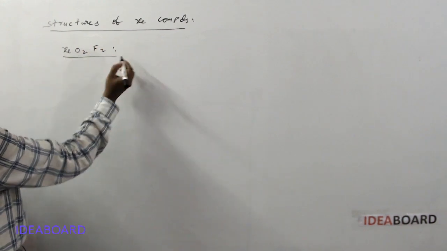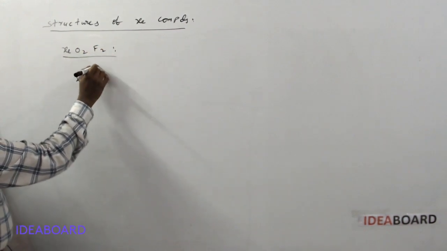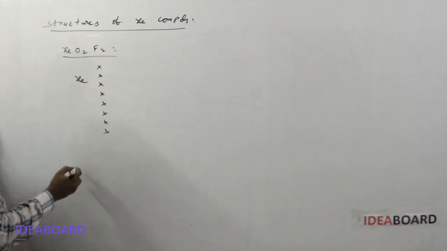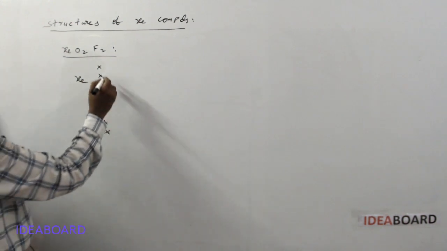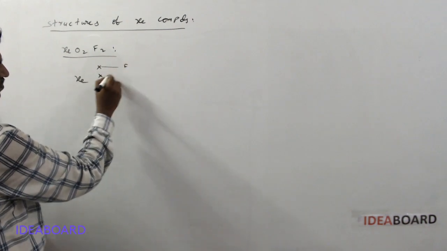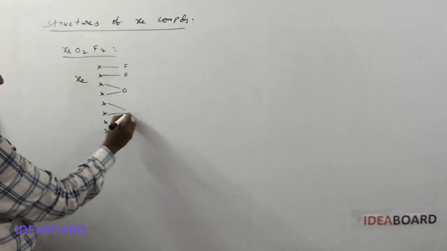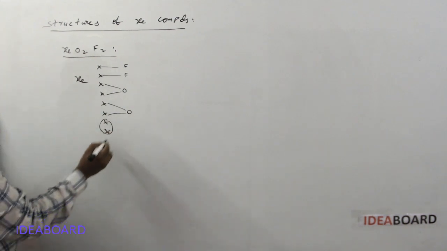XeO2F2. Here XeO2F2, 1, 2, 3, 4, 5, 6, 7, 8 electrons, and in this, one fluorine atom, another fluorine atom, one oxygen atom, another oxygen atom, and again one lone pair.